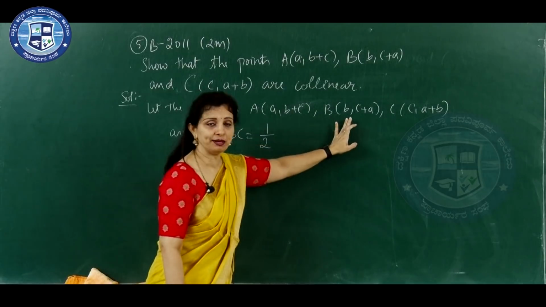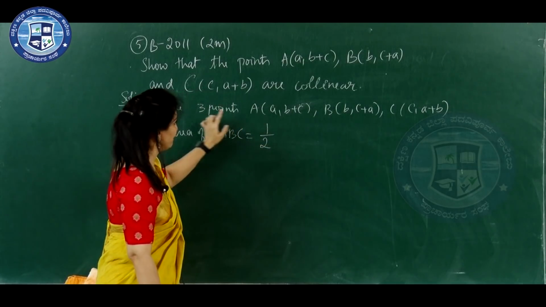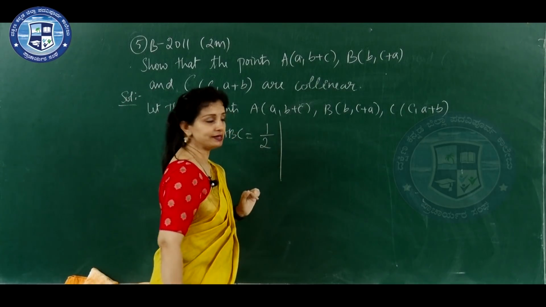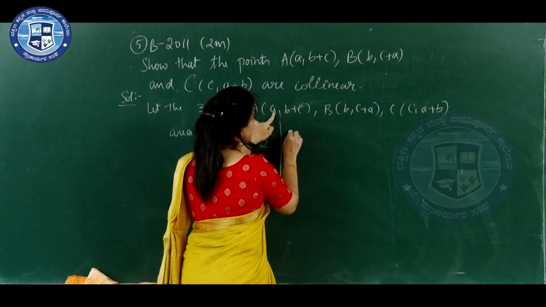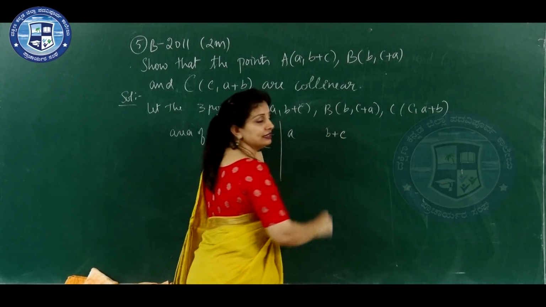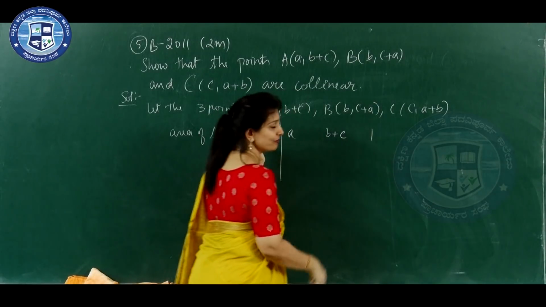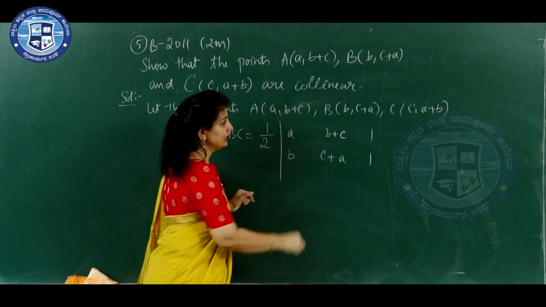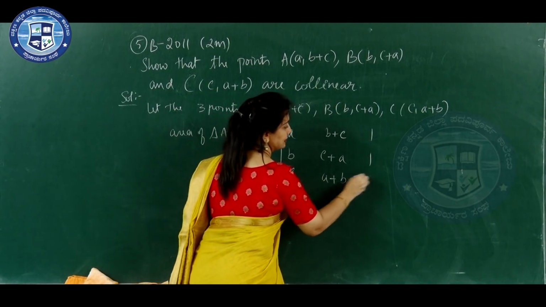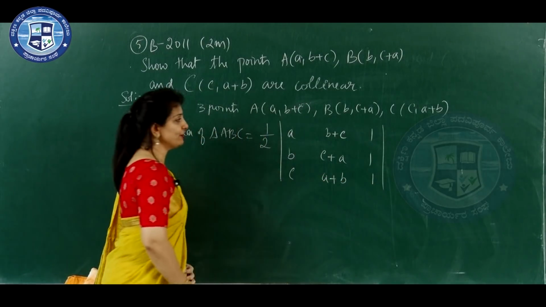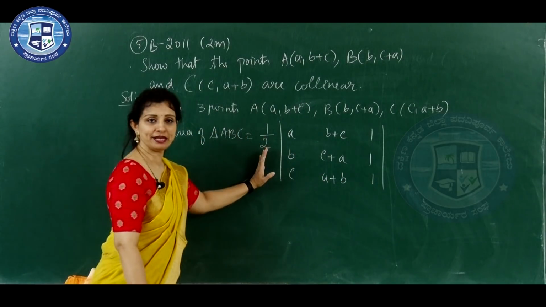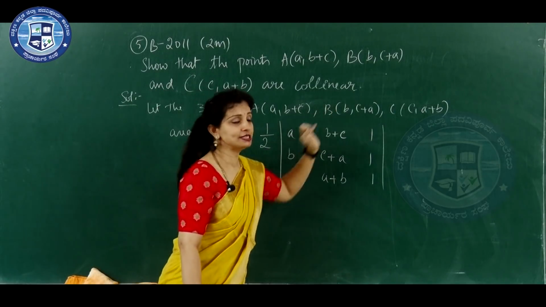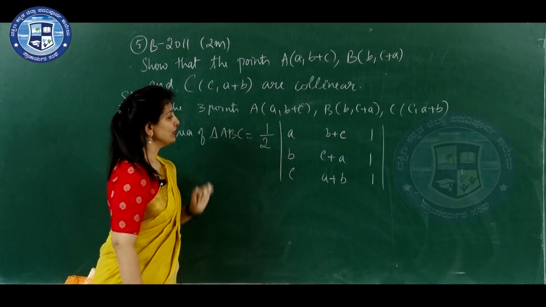Then only we can say the 3 points are collinear. The first row is a, b plus c, 1, the second is b, c plus a, 1, and the third is c, a plus b, 1. We can find the area of the triangle using the determinant, and we have to get this as 0 to prove the 3 points are collinear. So, what is the area of the triangle?